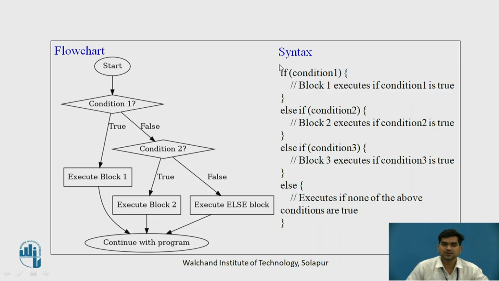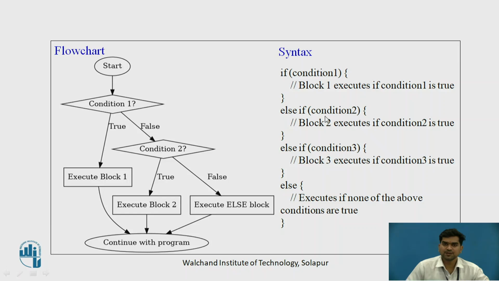So what is the syntax for that? We provide the first condition. If the condition is true and satisfied, it executes that if block. Else we provide the second condition, and if condition 2 is satisfied, its block executes.